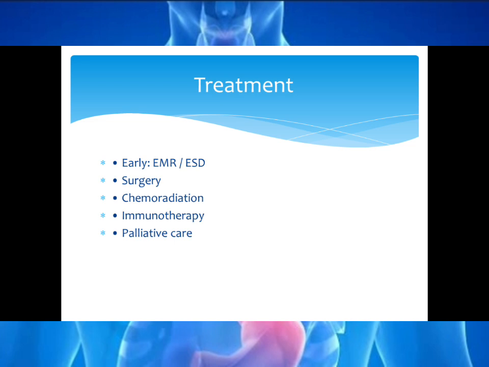Endoscopic treatment for very early mucosal-confined tumors: endoscopic mucosal resection, EMR, or endoscopic submucosal dissection for small superficial lesions, often EAC or high-grade dysplasia. Then surgical resection or esophagectomy.